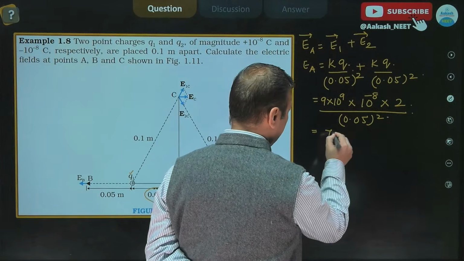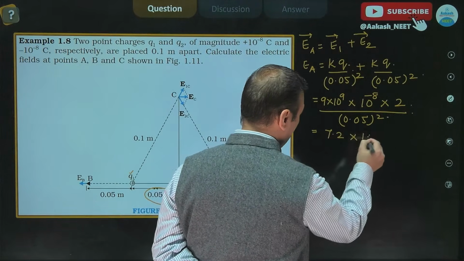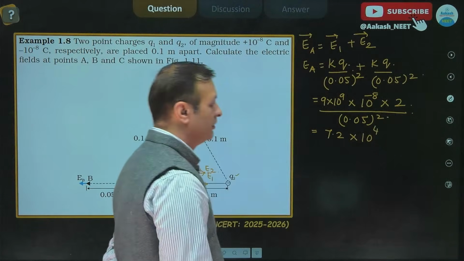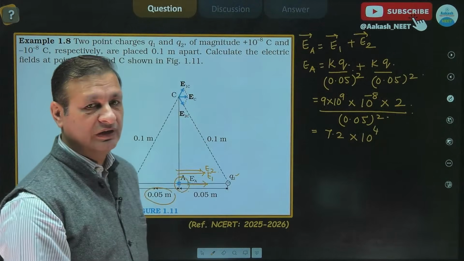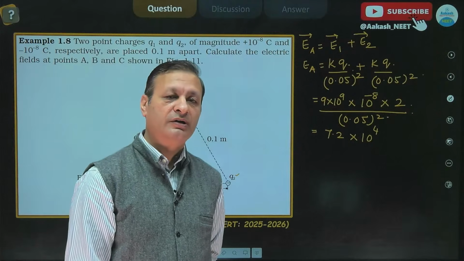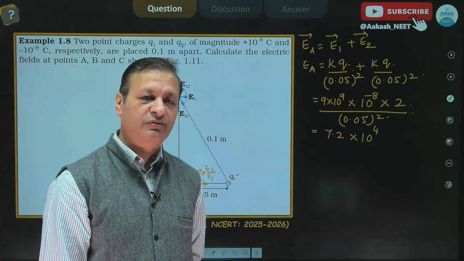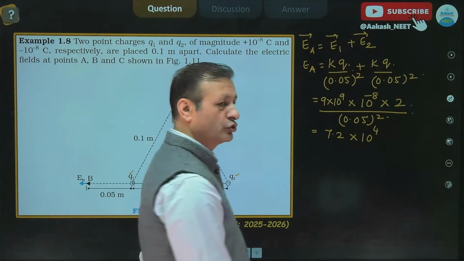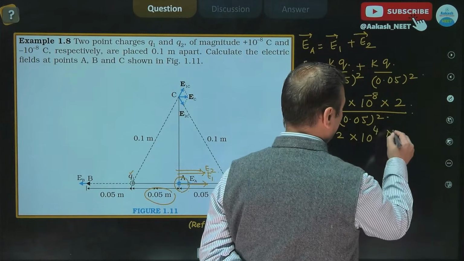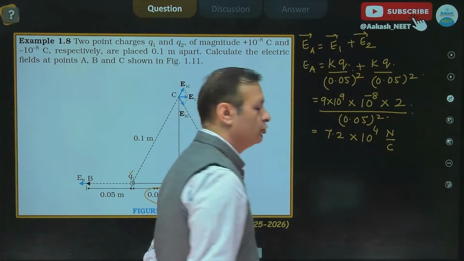When you solve it, it comes out to be 7.2 into 10 to the power 4, because this is the electric field. What are the SI units for the electric field? It's force per unit charge. So shall I call it Newton per Coulomb?